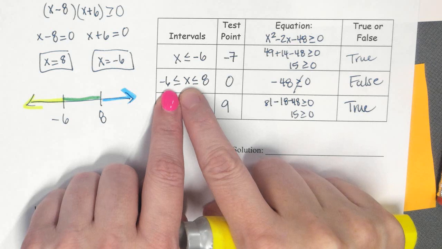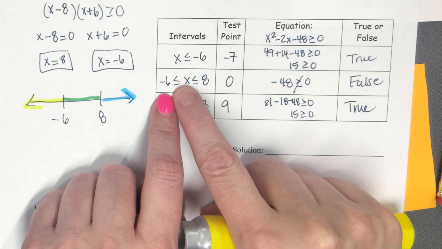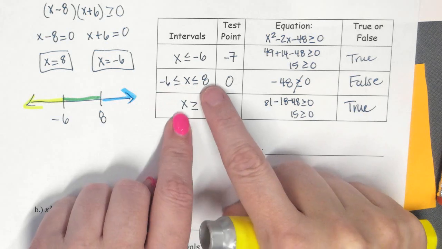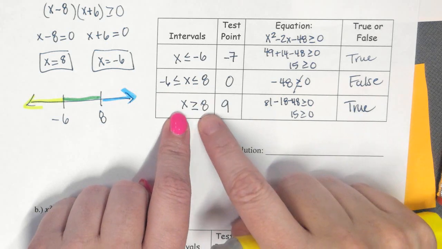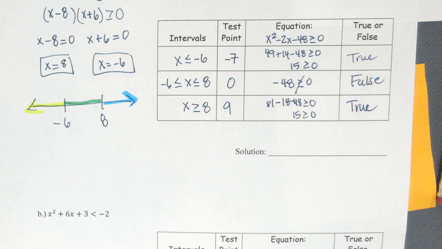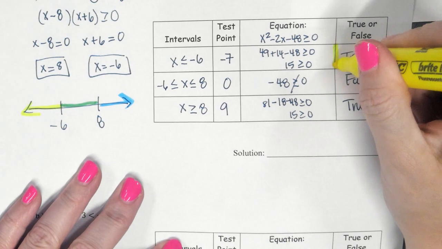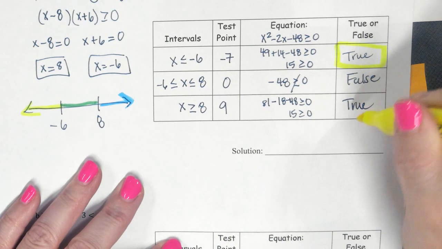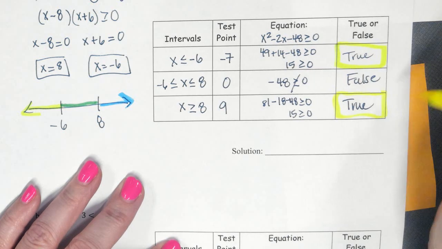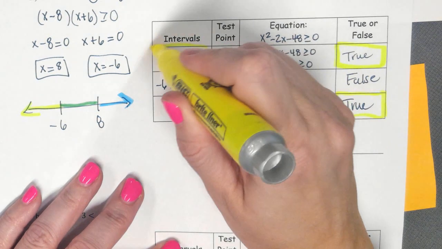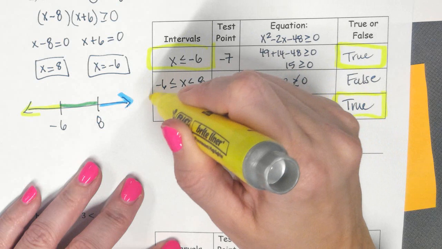Could it be both the less than and the greater than part? No. So only one of those can be true, right? Same thing here. x can't be less than or equal to 8 and greater than or equal to 8. That can't happen. So if you ever get 2 trues in a row or 2 falses in a row, something went wrong. You need to redo it.